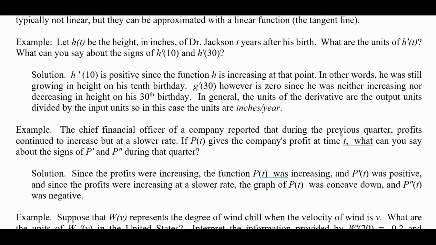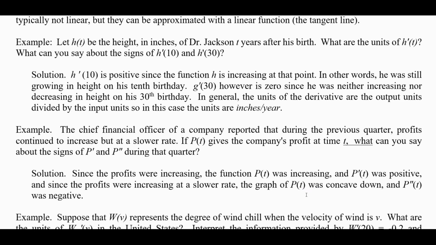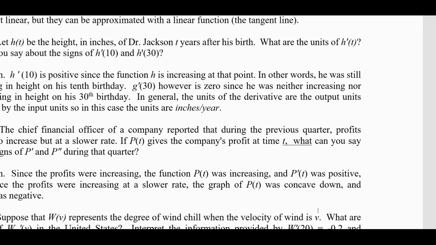But since the profits were increasing, the function P of t is an increasing function, and that means P prime is positive. And since the profits were increasing at a slower rate, that means P prime is decreasing, so P is concave down, and that means that P double prime is negative.